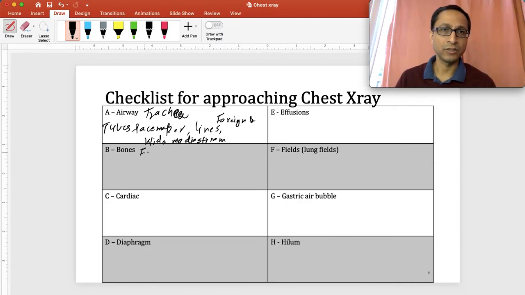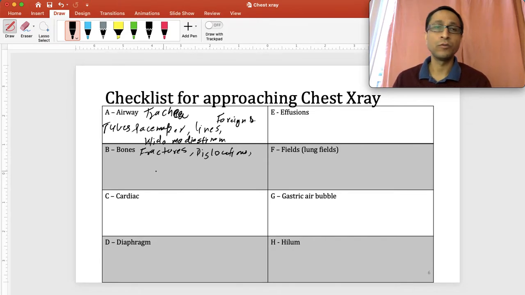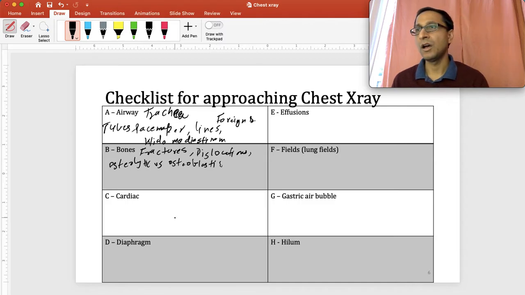Bones, you want to look for fractures. That's a big one. Fractures, dislocations, displacement, subluxation, any of those. You can also look for osteolytic versus osteoblastic lesions. You can also look for arthritic changes, right?